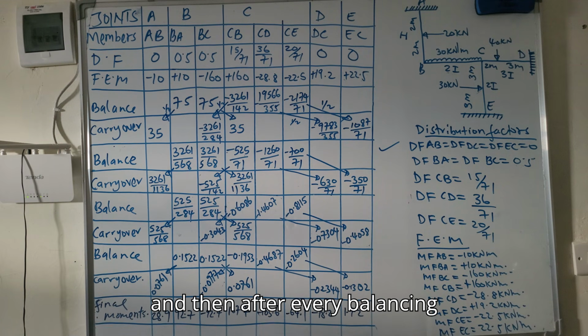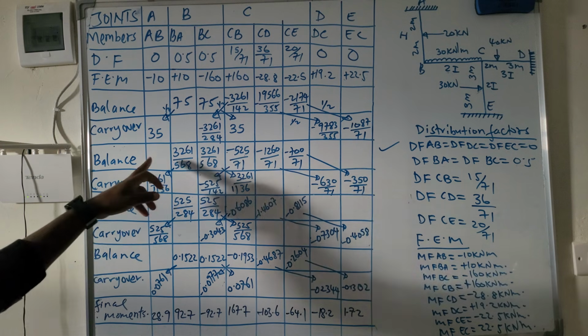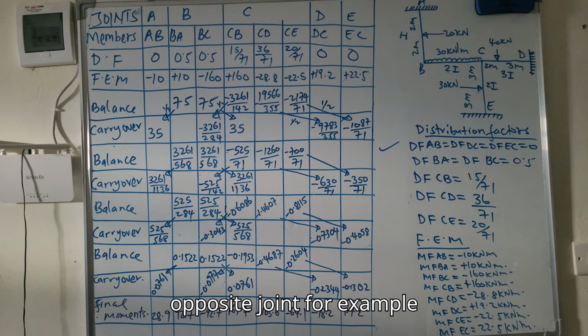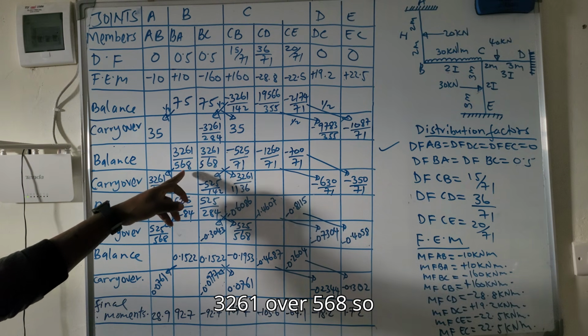And then after every balancing, the next step is to carry over. So you will carry over a half of these values you have balanced to the next opposite joint. For example, we have joint BA, which has 3261 over 568.